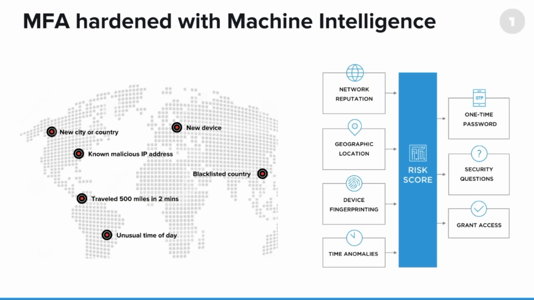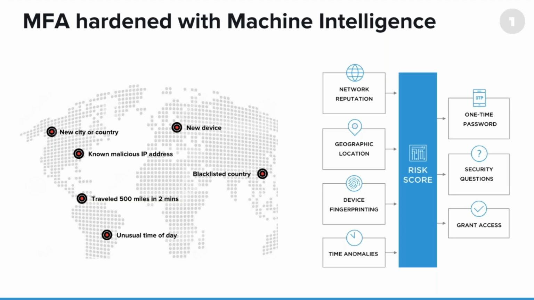So what we do at OneLogin is categorize all these different types of anomalies on the left into four major buckets on the right. These include network reputation, geographic location, device fingerprinting, and time anomalies. For each user, we automatically determine typical usage profiles along each of these four dimensions: where do they log in from during work hours and non-work hours, and from which device?